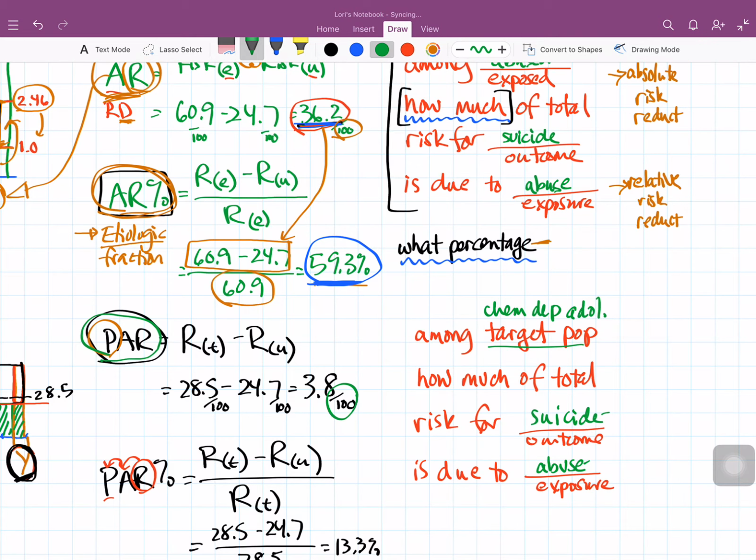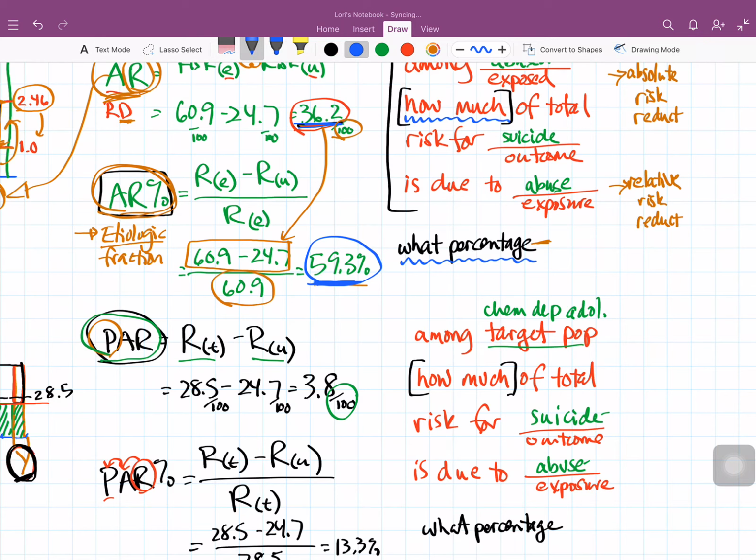Again, it is in the same units that we originally were studying, that we're calculating the risk total and the risk in the unexposed. We can change that fairly easily and quickly by, instead of saying how much of the total risk, saying what percentage.